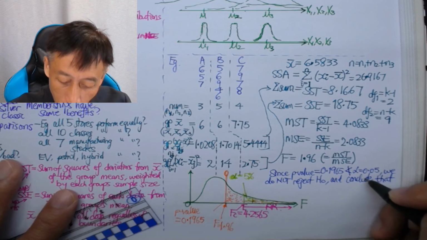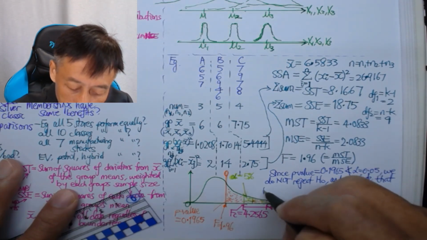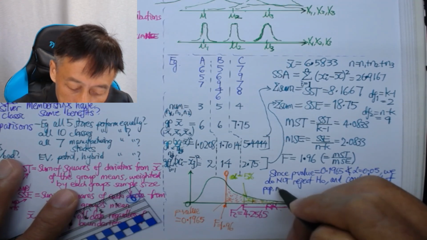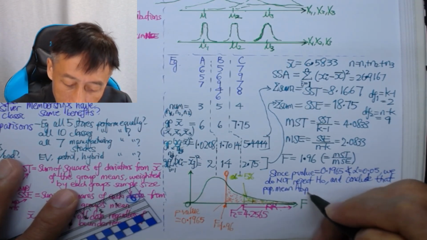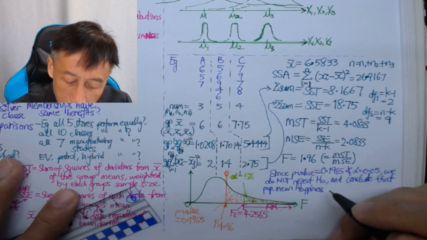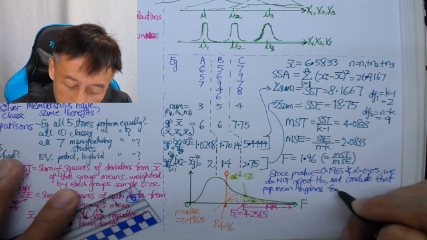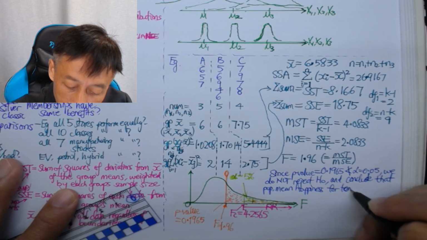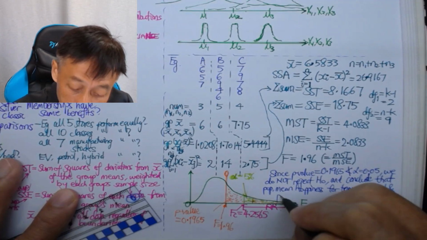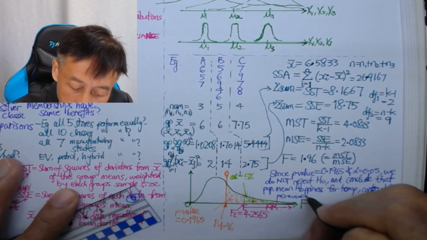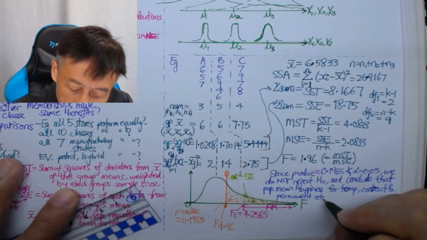Also, conclude that the population mean, let's say happiness for temp staff, contract staff, and permanent staff, right?